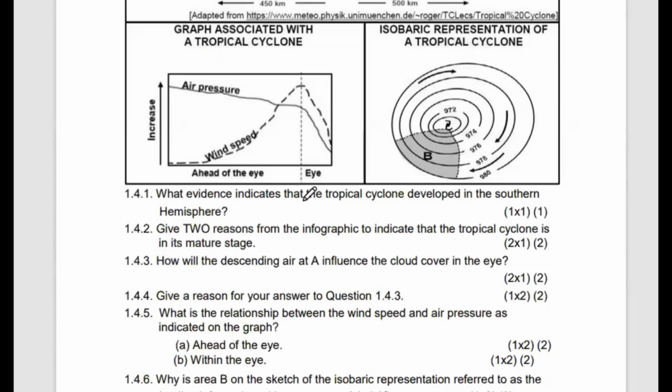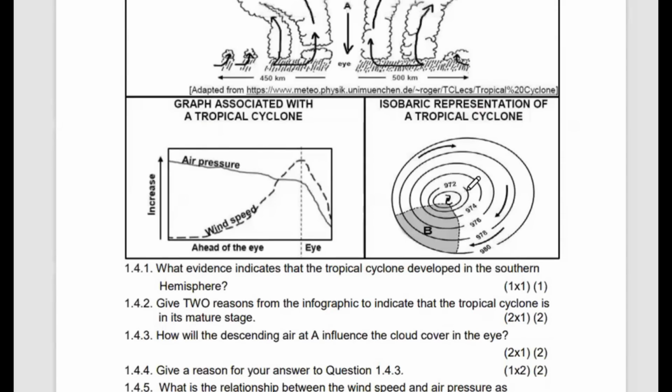Pressure is higher on the outer part of the weather system, but as we approach the eye, pressure is very low in the center. Wind speed is lower away from the focal point, but as we approach the eye, wind speed increases and reaches a maximum, but it drops in the center of the system.